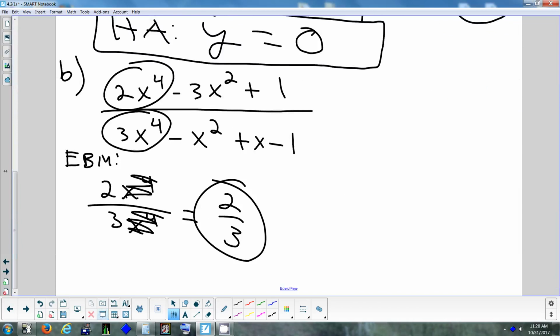Now, what do we do to x to find the horizontal asymptote? We let x, what, Colin? Get as big as possible. Let x get as big as possible, right? Let it get really big. So, look at the fraction 2/3. What happens if you let x get really, really big in that fraction I just circled? What does that fraction get close to?